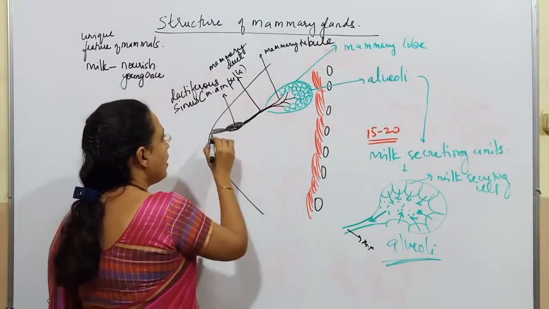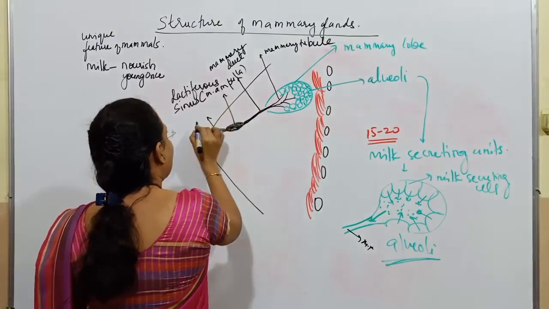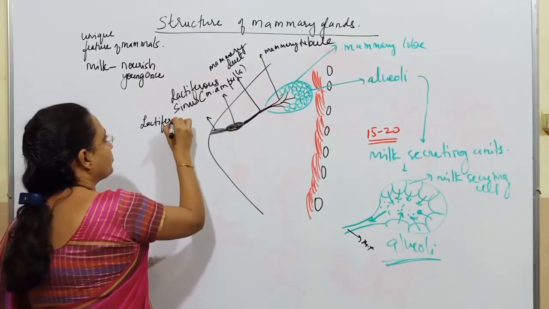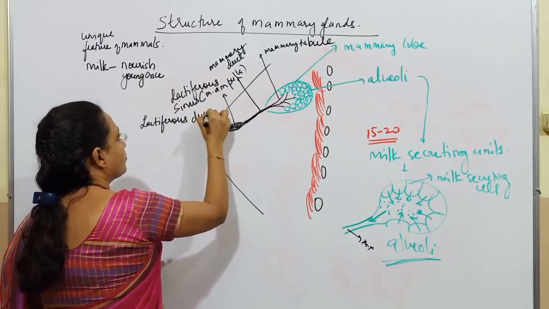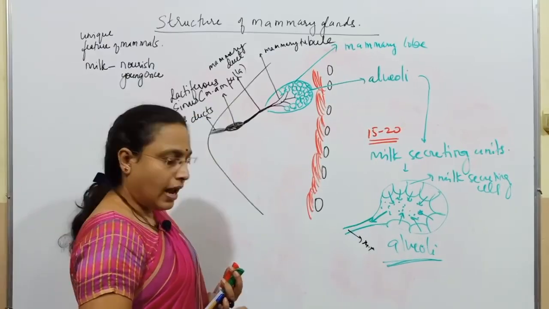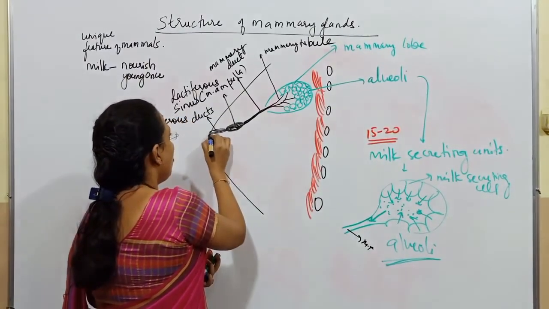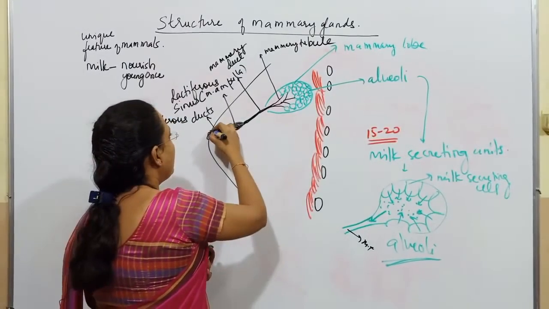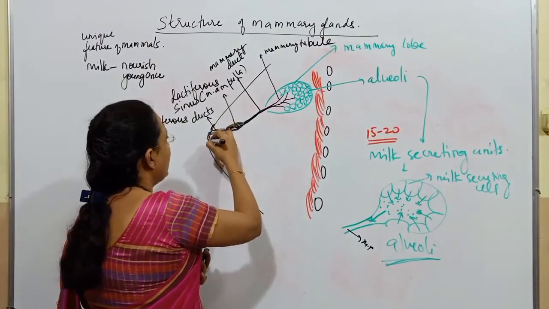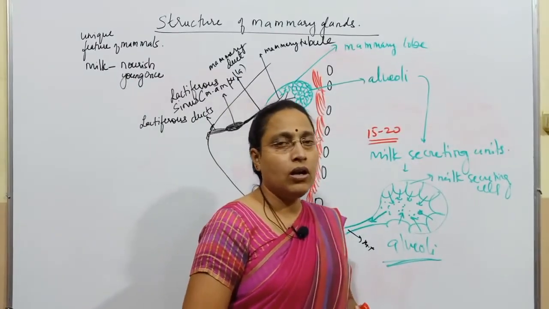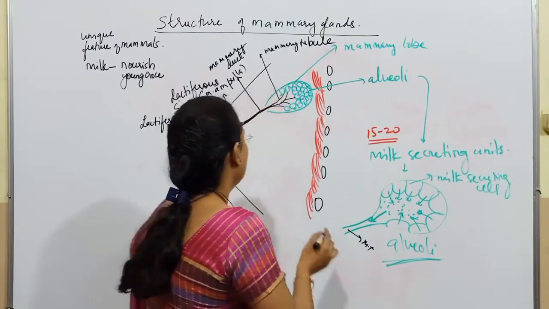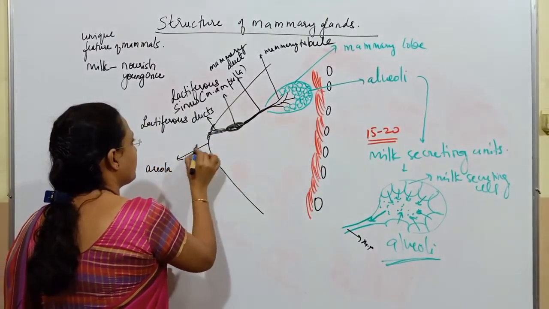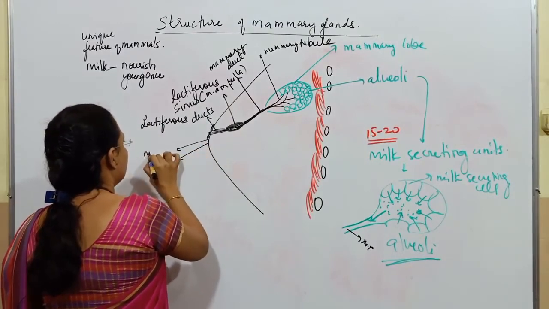These tubes are called lactiferous ducts. And many of the lactiferous ducts open to the surface of the nipple, and the nipple has a surrounding pigmented area called areola.